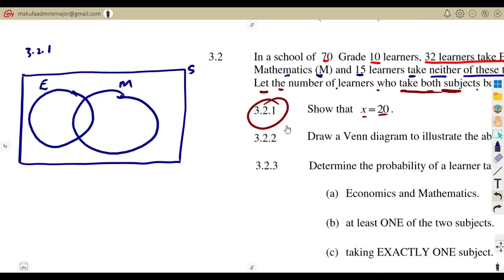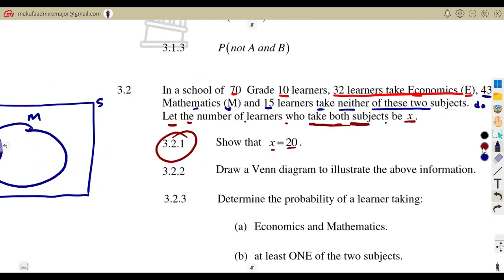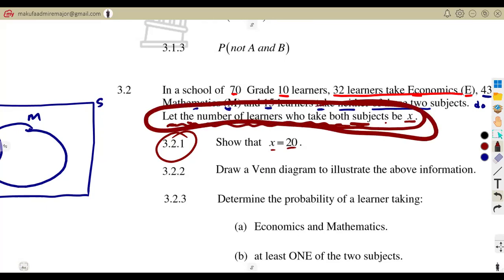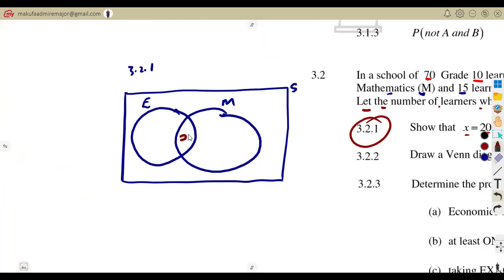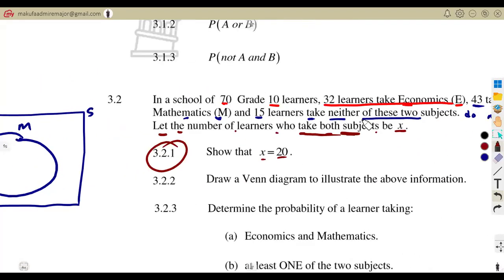So we are given that X are both. Like I said, when you indicate, try by all means to start with those ones that are at the intersection, both. So they are X there on the intersection. So this is your X. So considering what you're given there, we're given that 32 learners take economics.